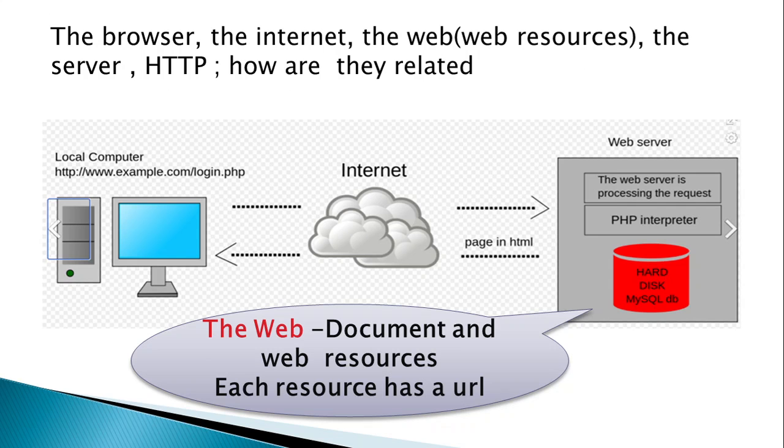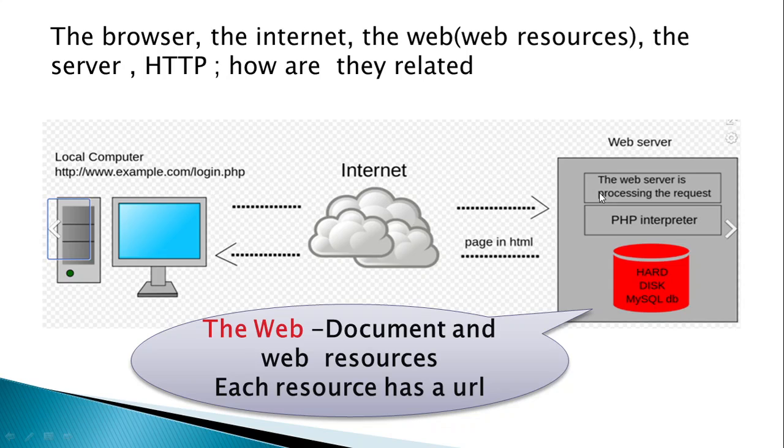Now, the browser, the internet, the web or web resources, the server, the HTTP, how are they related? Looking at this diagram, a user on a local computer makes a request for some pages or information. The user sends this request through the internet with the help of the browser, and it goes to the web server.